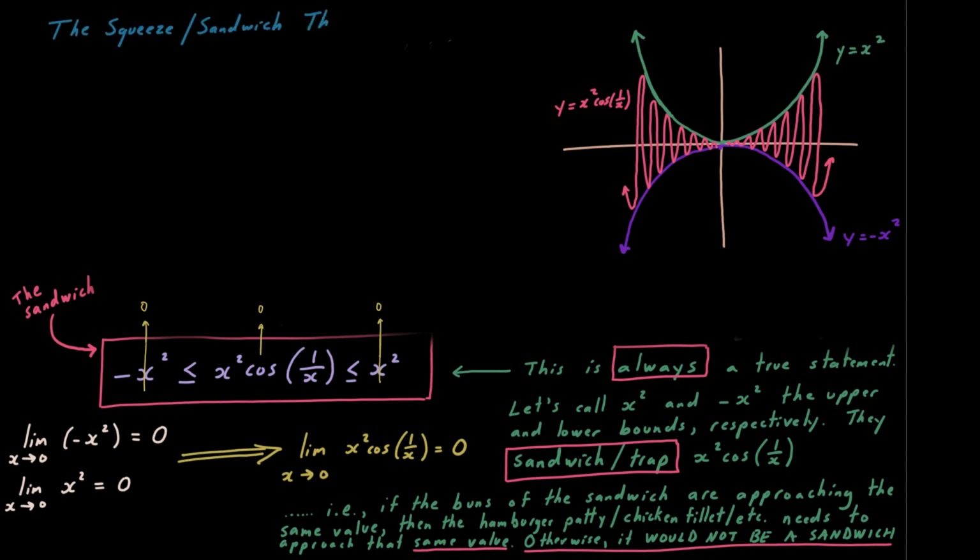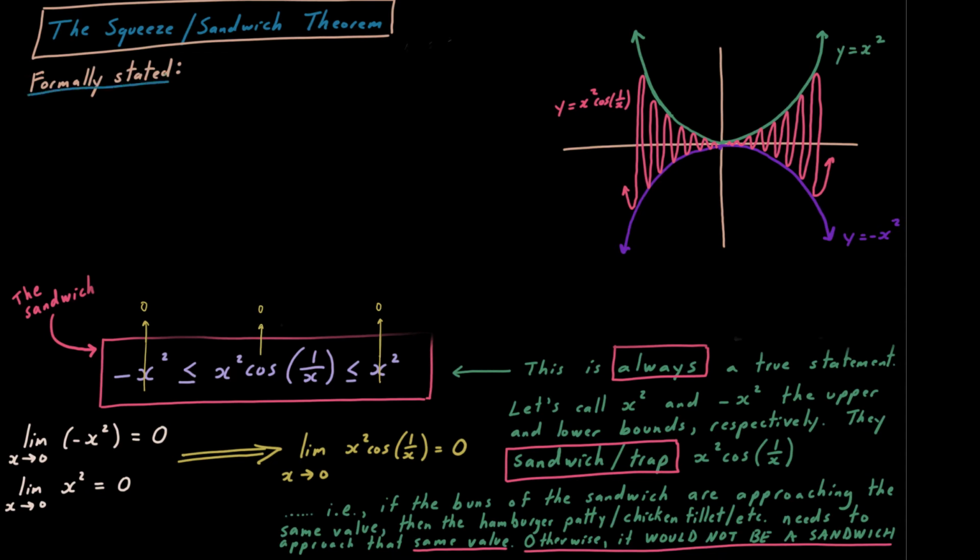All right, so we should formally state the squeeze theorem, the squeeze or sandwich theorem. So, formally stated, if we have, let's say for x doesn't equal c, because again, notice in this problem, if x was 0, the middle piece would be undefined, but that didn't matter for the limit.